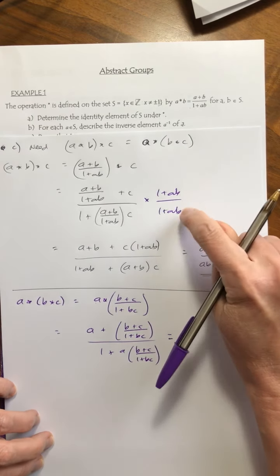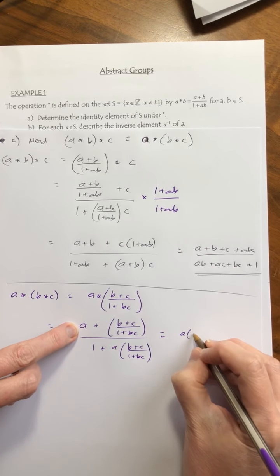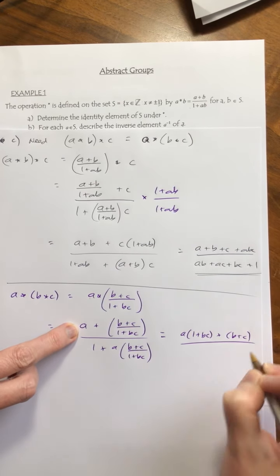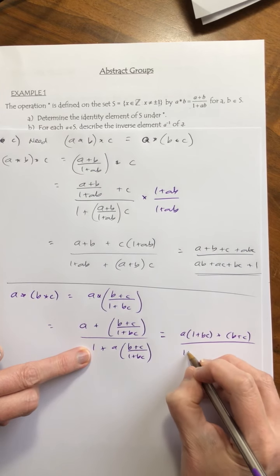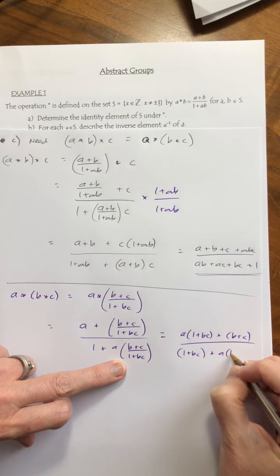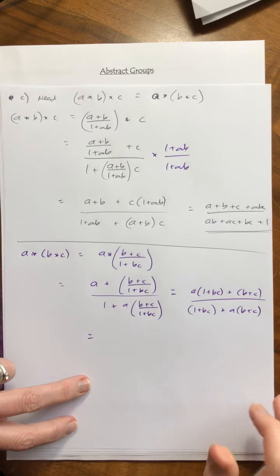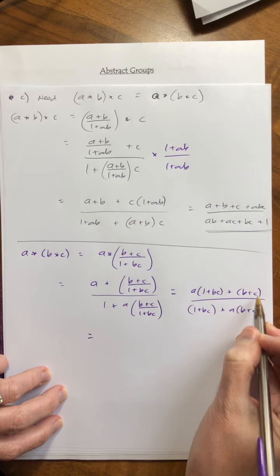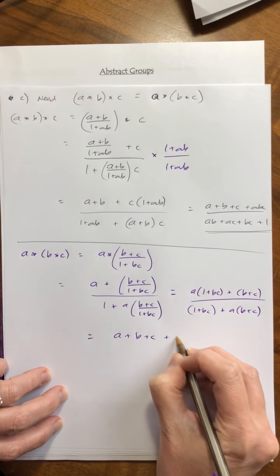Again, I'm going to do that nice little thing with the denominator, so that will make A lots of 1 plus BC plus B plus C. And on the denominator, I will have 1 multiplied by 1 plus BC plus that one will go, so it'll be A, B plus C. Expanding the numerator, I'll have an A plus a B plus a C, plus that product there, the ABC.